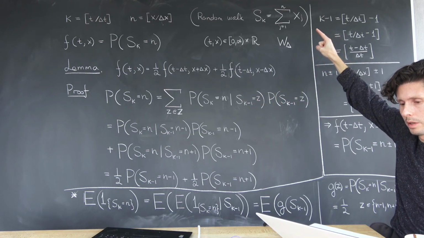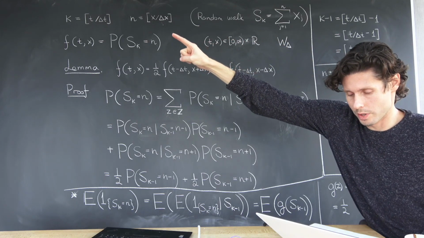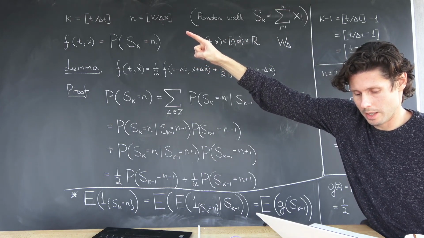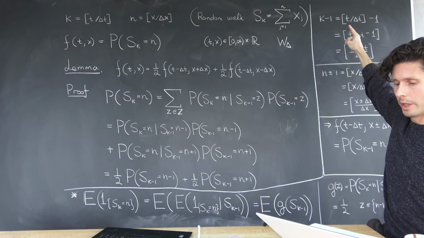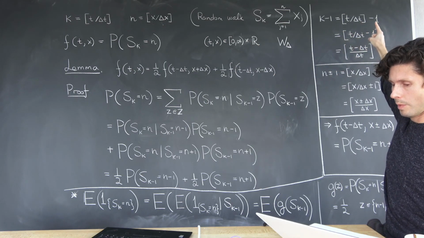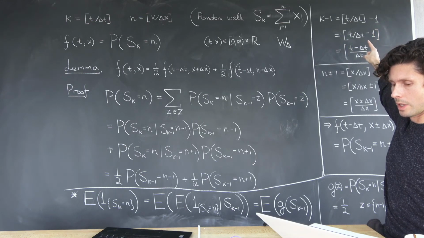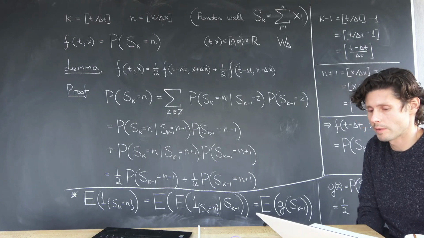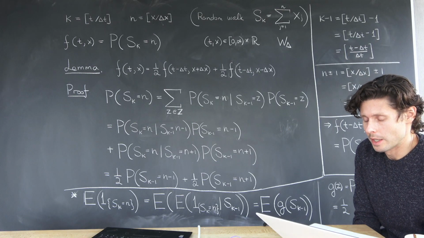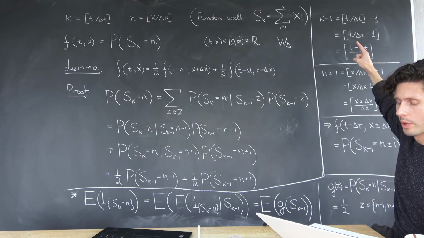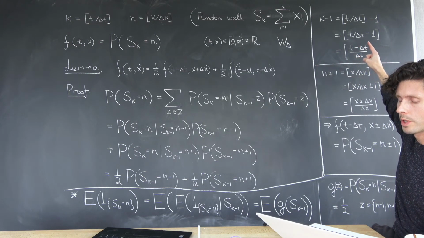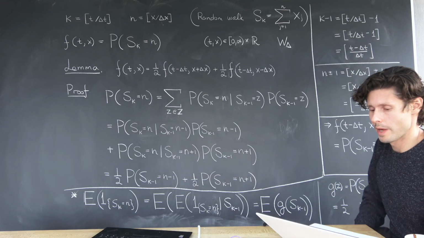You just note that you have these conversions. The time step k is just t divided by delta t. And so what's k minus 1? I just plug it in. This is my k. This is my 1. You can see that the integer part of this, say if you have a value 3.75, you take the integer part and subtract 1, you get 2. Well, if you take 3.75 and subtract 1, you get 2.75, and the integer part of that is 2 again.